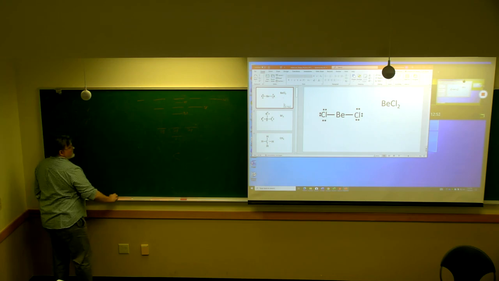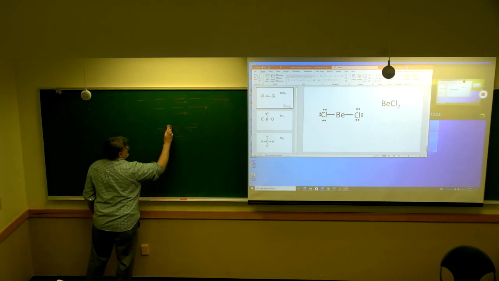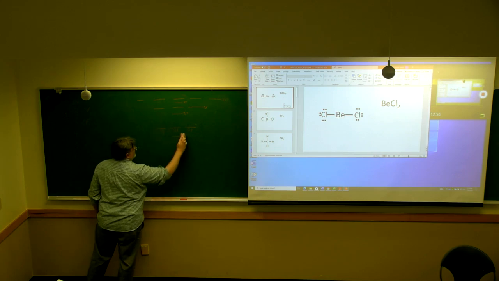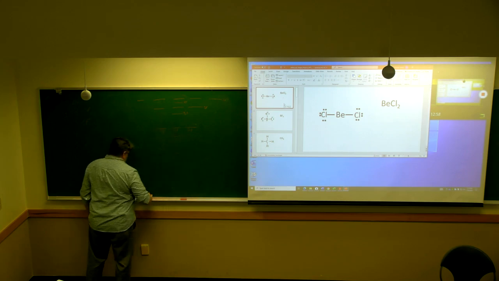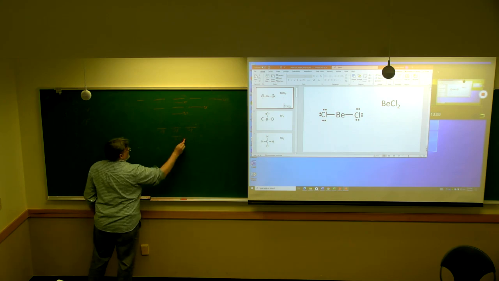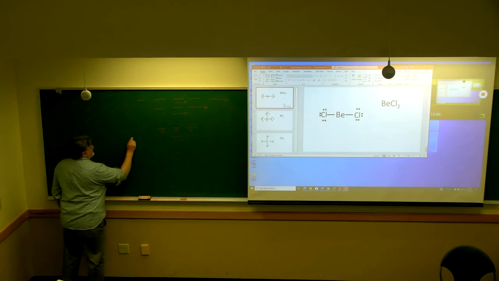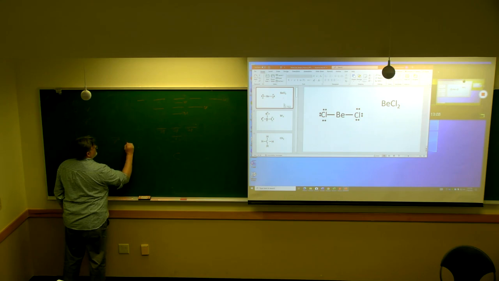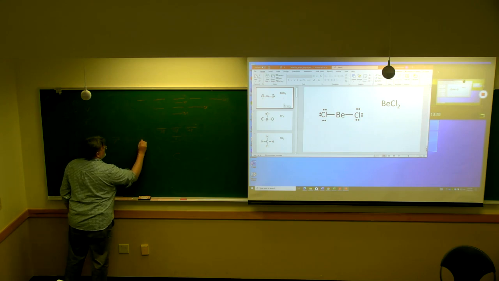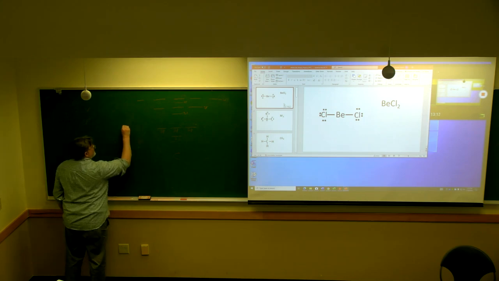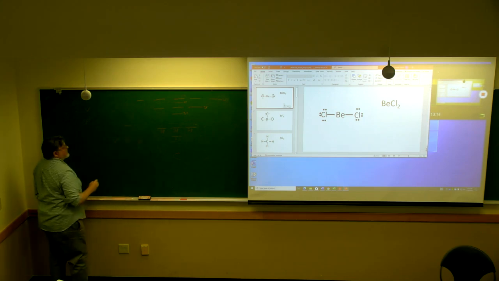I'm butchering this. It's sp2, and those have hybridized into 3 sp2 hybridized orbitals, with that p orbital still left over up there.